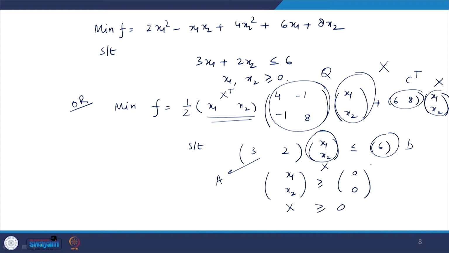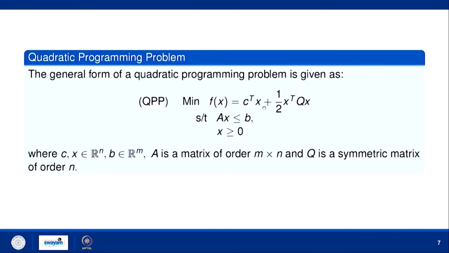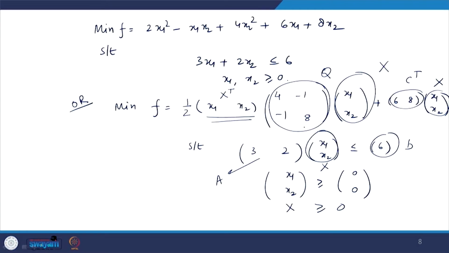So what I want to illustrate is that any problem of this type, having a quadratic objective function subject to linear constraints, can be written in this format: C transpose x plus half of x transpose Q x, subject to Ax less than or equal to b, x greater than or equal to 0. Here, what is Q?